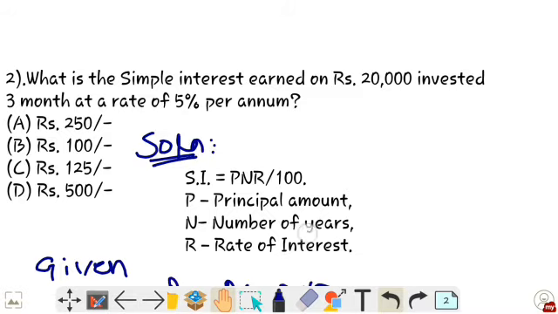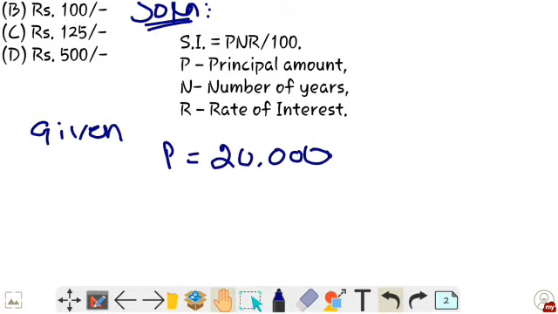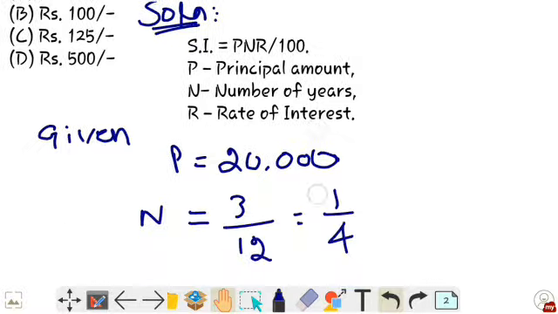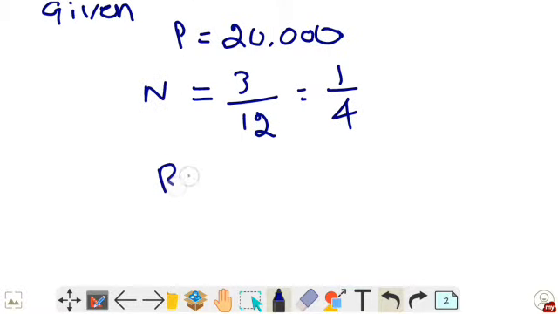So we convert months into years, which is the number of months divided by the total number of months in a year, 12. So N equal to 3 by 12, which is equal to 1 by 4. Next, R, rate of interest, is 5%.